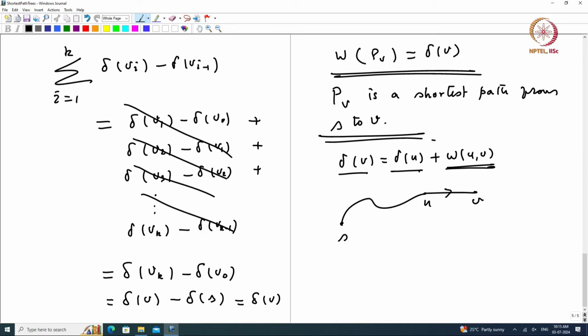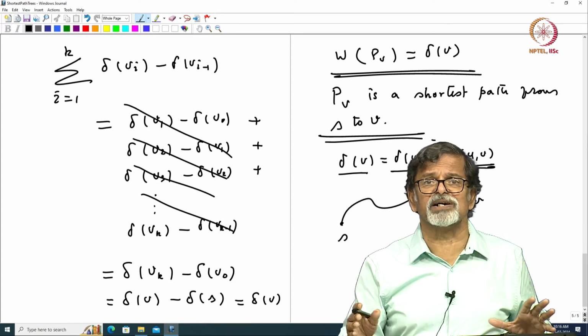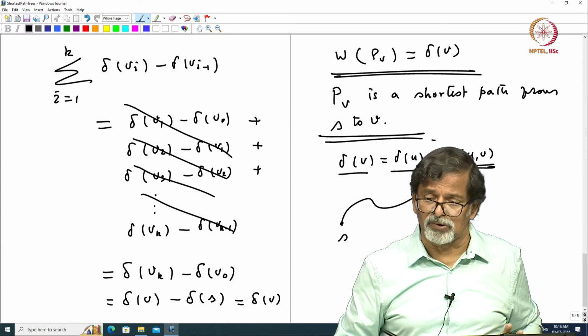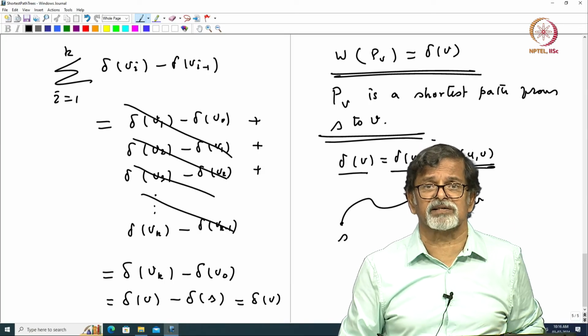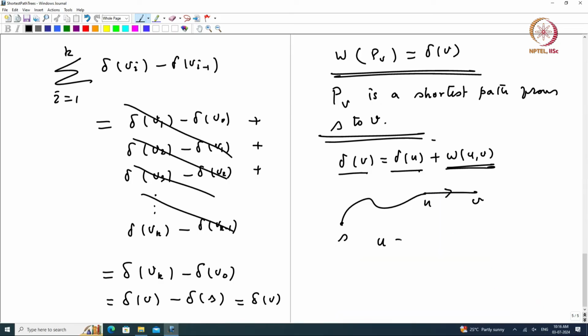Therefore, U is the vertex previous to the vertex V in that path. All we are going to do is save the edge in the following way. For each V, we maintain the previous vertex. So, U equal to P of V.